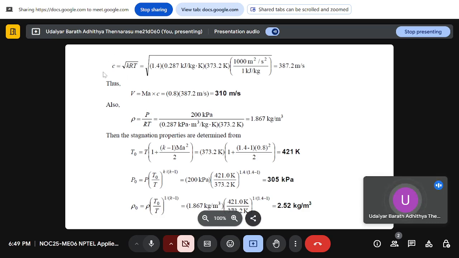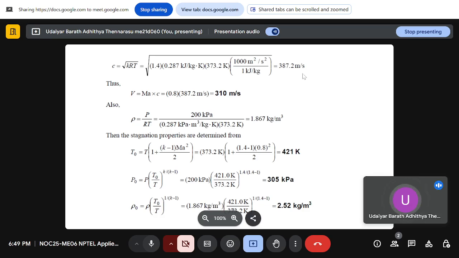The speed of sound is root of gamma RT, where gamma is 1.4 for air, R is 0.287, and temperature is 373.2, into 1000 to convert into joules, so we get 387.2 meters per second.